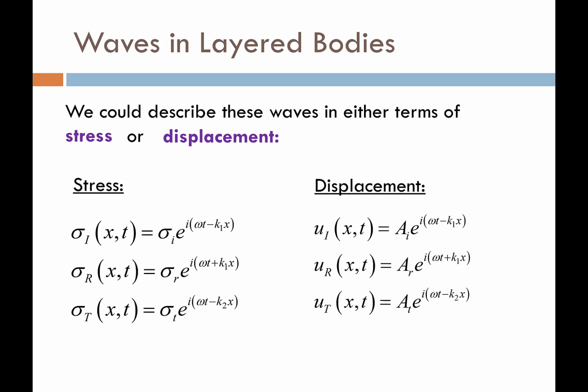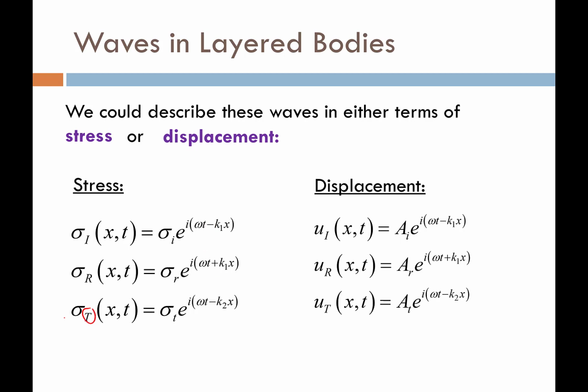And with the reflected wave, you'll see that the wave number still has a 1 in the subscript, which means that we're still in the first material, but notice that the sign changed. Here's the sign for the incident wave. It's negative, meaning that it's going from left to right. But now it's positive, which means that it's going the other direction, from right to left along that material. So that represents a reflected wave.